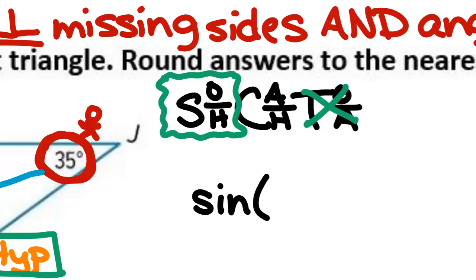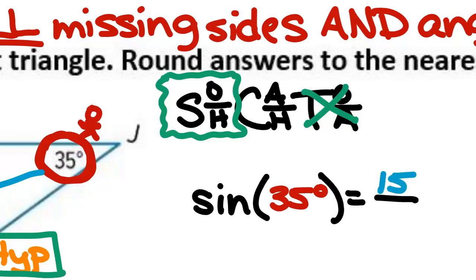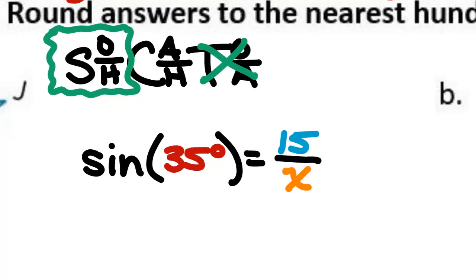So sine of 35 degrees is equal to opposite, which is 15, over the hypotenuse, which is KJ. But if you want to use x, there's nothing wrong with using x.